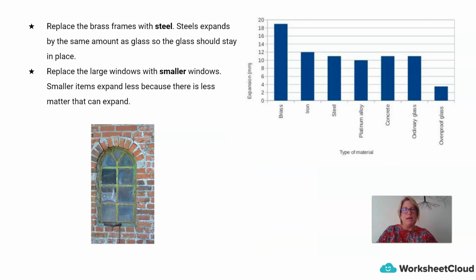He could replace the brass frames with steel. The steel expands by the same amount as glass, and the glass should stay in place. The other solution, and I wonder how many of you thought of this, was could he possibly replace the large windows with smaller windows? Because smaller items expand less because there is less matter that can expand.